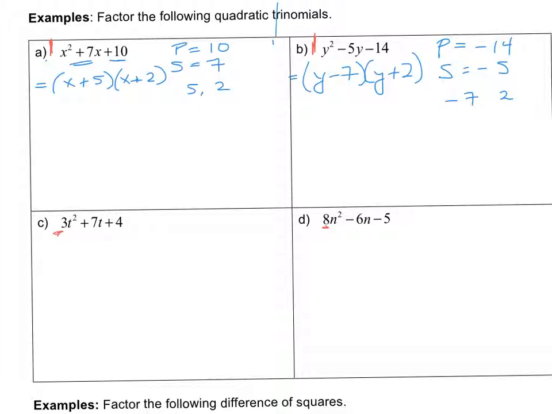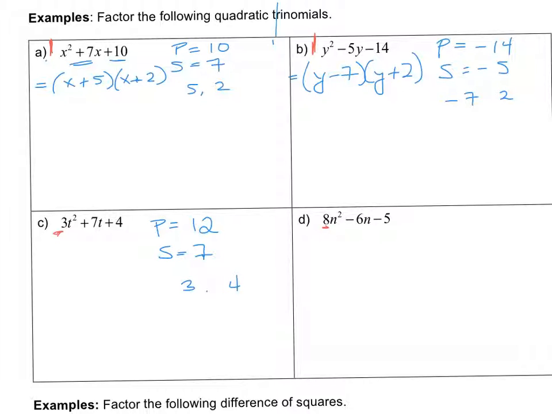So my product, just like before, is 3 times 4, so my product is 12. And my sum here is 7. So I need two numbers that multiply to 12, but those same two numbers also have to add to 7. So hopefully you figured out those numbers real quick. That's 3 and 4.